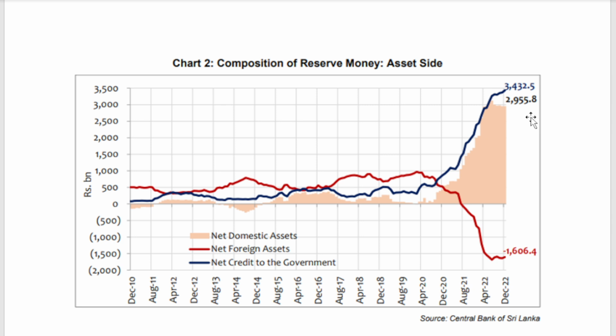On the other hand, we can see drastic increase of net credit to government, and that's somewhere around 3.4 trillion rupees, while the net foreign assets were amounting to 1.6 trillion LKR.